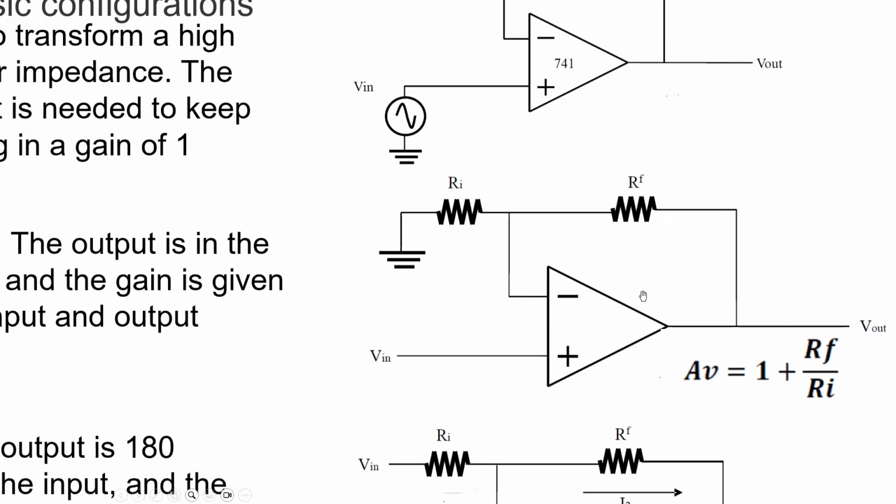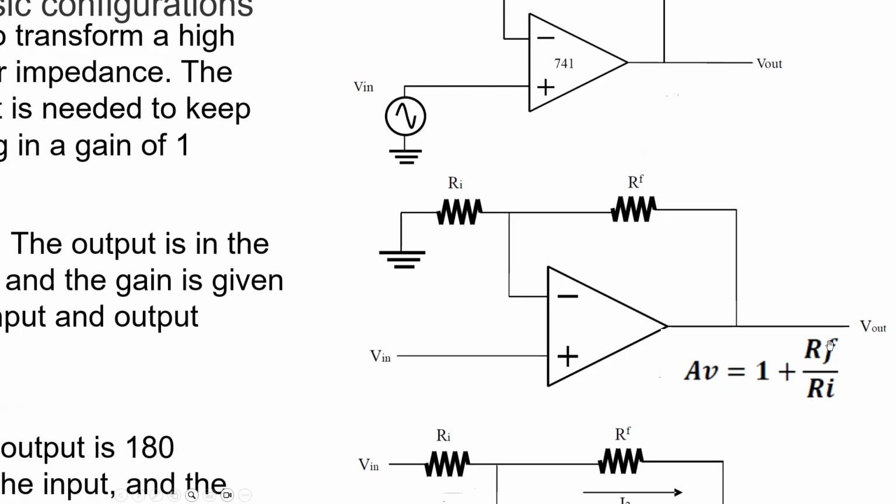And the gain of this whole thing, the voltage gain, is going to be, here's the formula, and it can be derived, but we're not going to today. The ratio of RF divided by RI, where RF is the feedback resistor and RI is the input resistor.